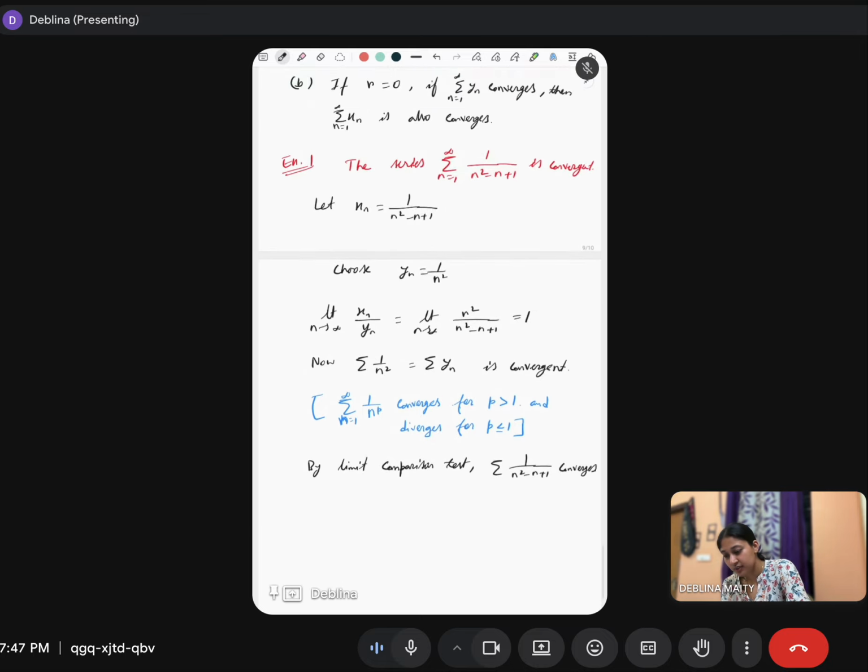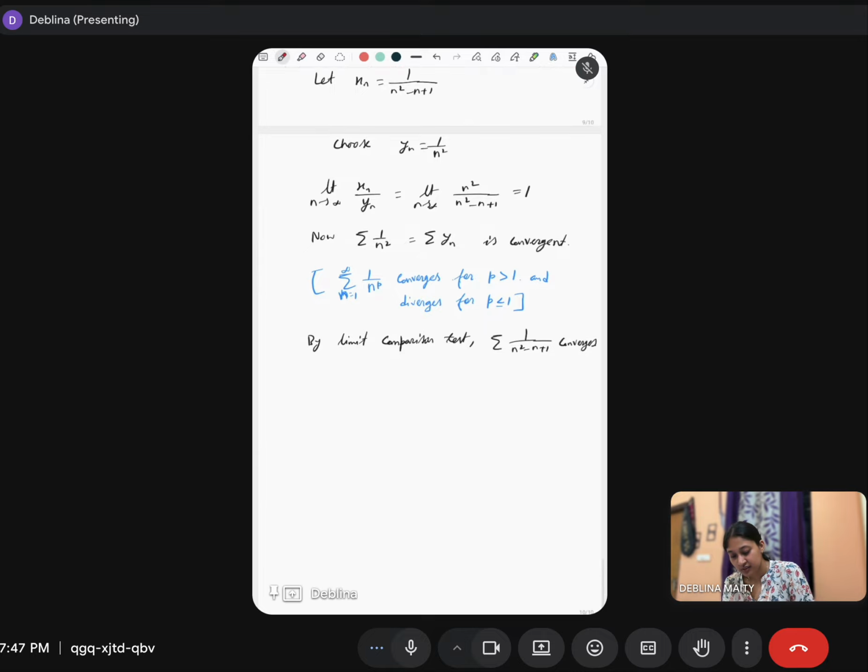Okay, so let's take another example. Test the convergence of the series given by 1 plus 2 by 2 cubed plus 3 by 3 cubed and so on, right?